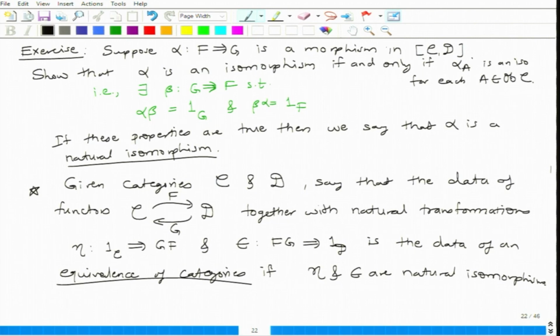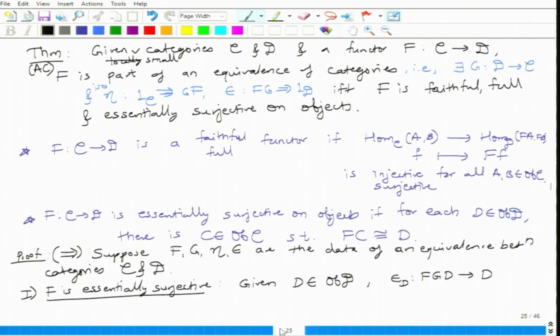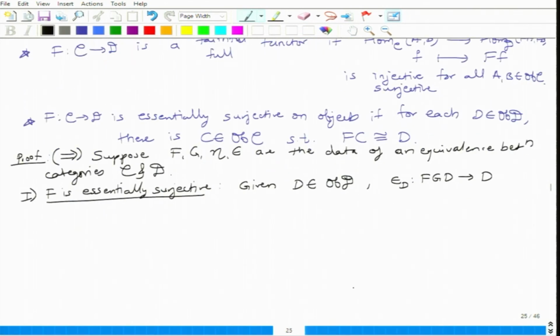So if you remember this, then what can you say about epsilon sub D? That's an isomorphism. So therefore, FGD is isomorphic to D. Since epsilon is a natural isomorphism, essential surjectivity is done.